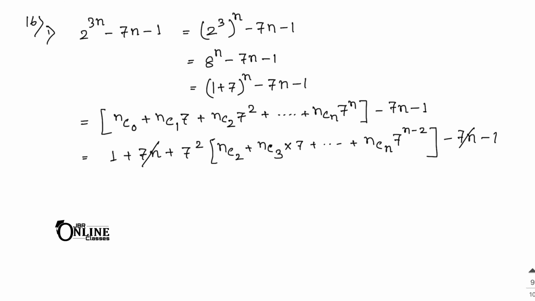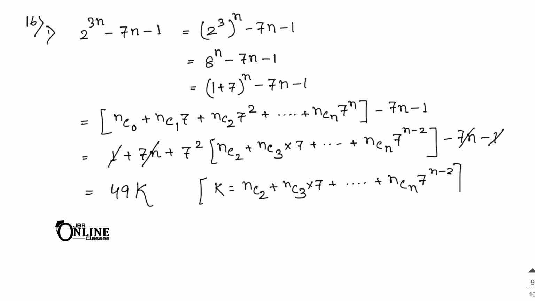So 7n and 7n cancel out, 1 and 1 cancel out. Now you can write 7 square as 49, and take the remaining portion as k. So let k equal the whole portion, that means nC2, nC3 into 7, dot dot dot, nCn 7 to the power n minus 2.